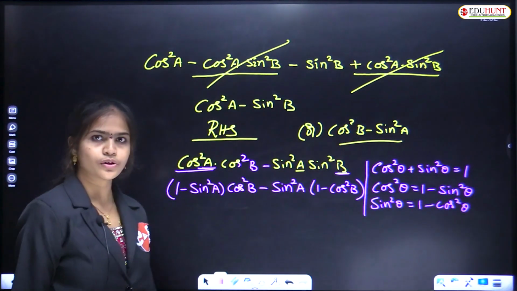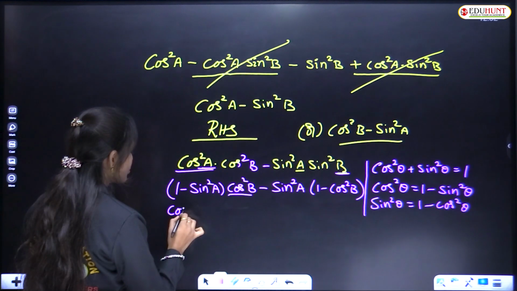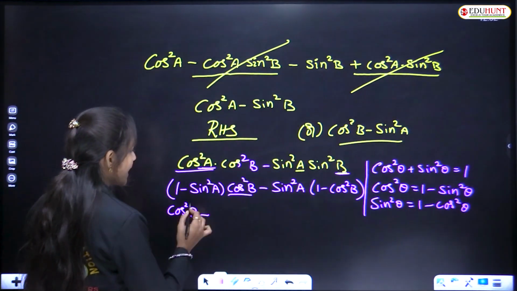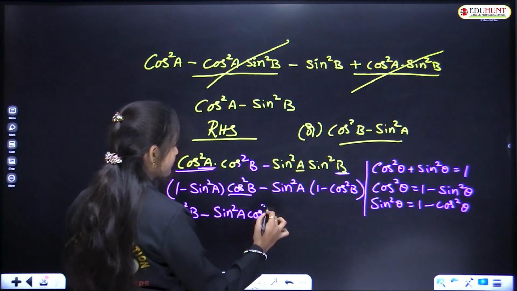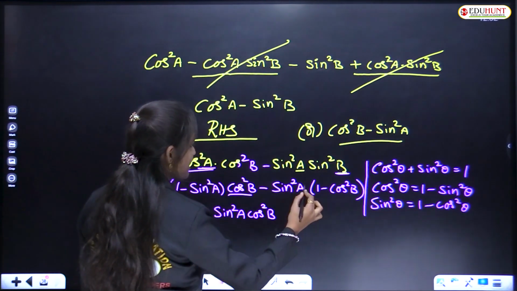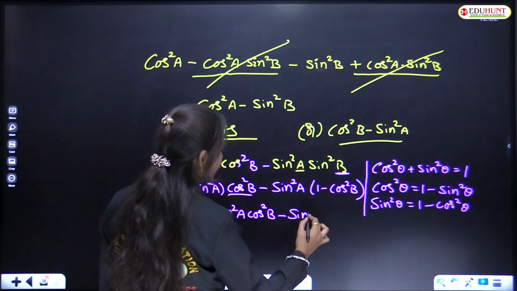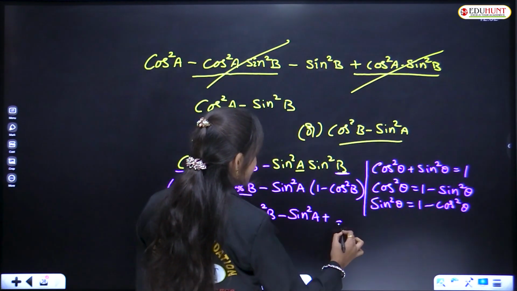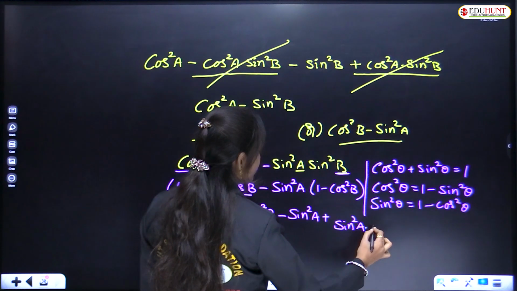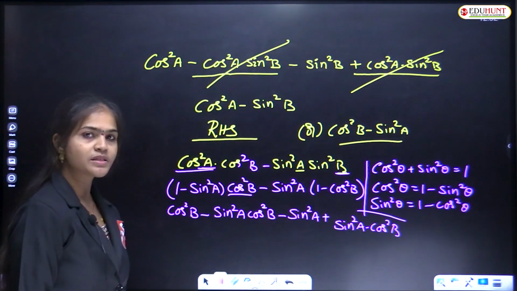Okay, so just simplify that. Cos square B into 1 is equal to cos square B minus sine square A into cos square B. Next, minus into plus is equal to minus sine square A into 1 is equal to sine square A. Minus into minus is equal to plus sine square A into cos square B. Any cancellation terms here?